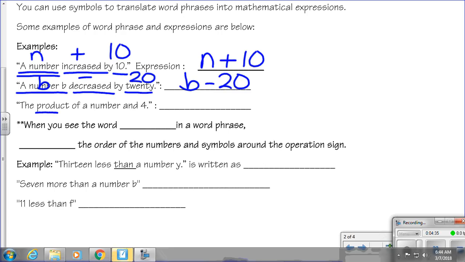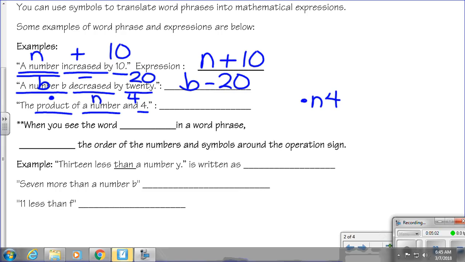Next one, the product. Product means to multiply, and remember we're not going to use x's, we will use dots or parentheses, something other than an x, because that can get very confusing when we use variables. The product of a number, so again I'm going to use n, and 4. Now, I do not write multiplication problems like this.